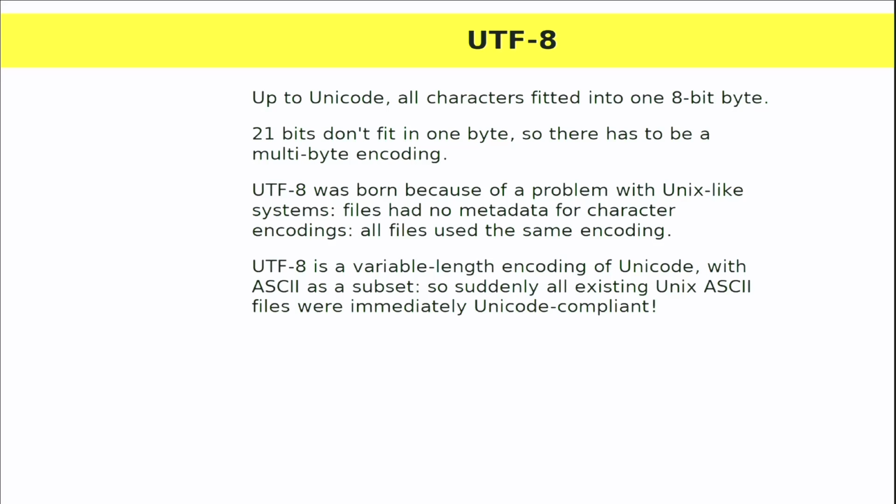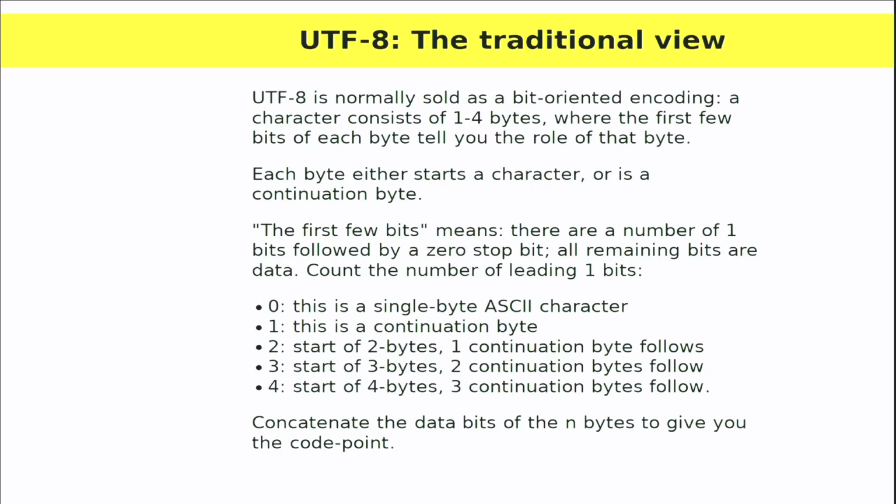It's a variable length encoding of Unicode with ASCII as a subset, so that suddenly all existing Unix-like ASCII files were immediately Unicode compliant. So it was in order to make life easier for Unix implementations, really, that they didn't have to do anything special to the existing files.